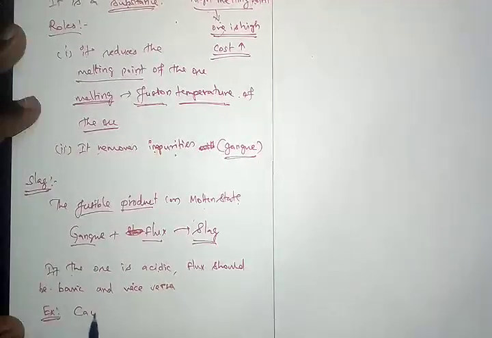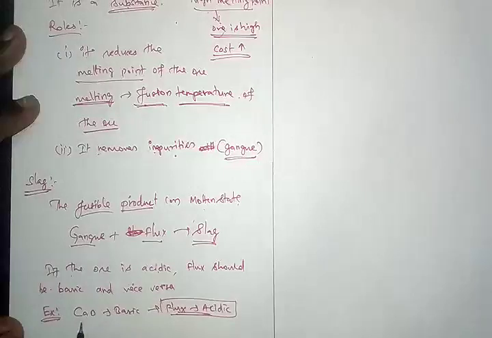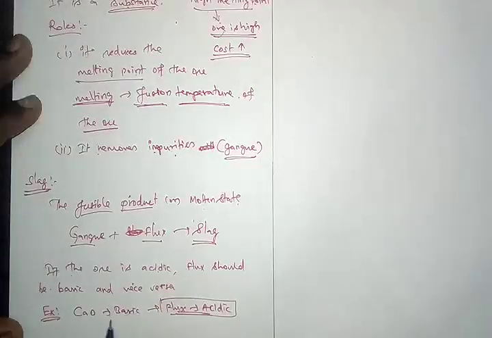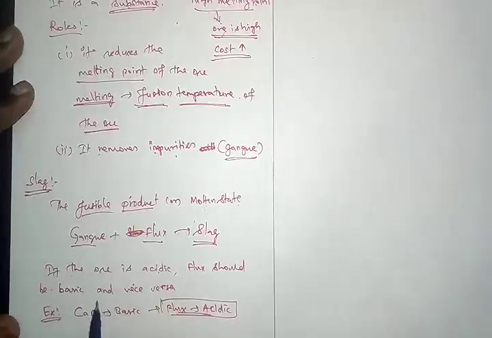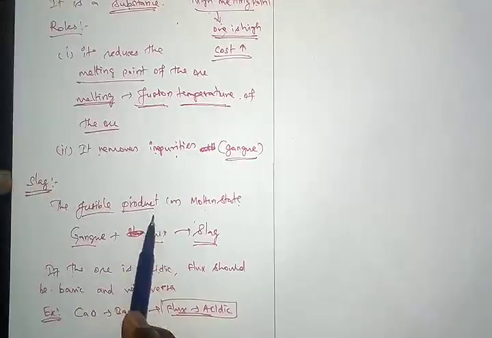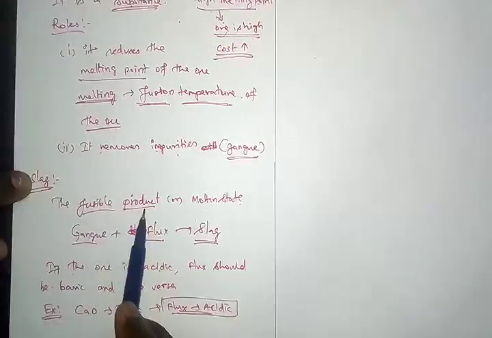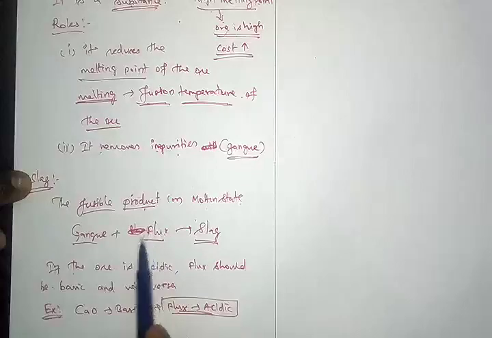For example, calcium oxide is a metal oxide which is basic in nature. So when you add a flux to this, it should be acidic. When the ore is acidic, you have to add a basic flux. This is one more important point you should remember in the flux area. So what is called slag? It's a fusible product formed by mixing the gangue with the flux.